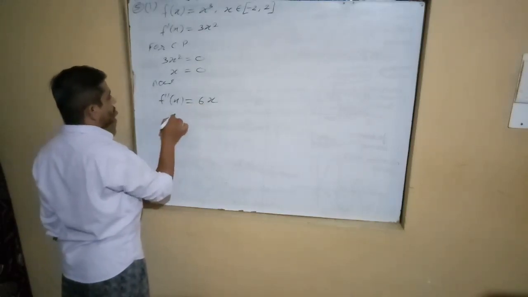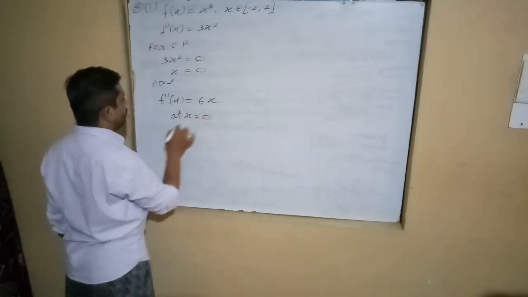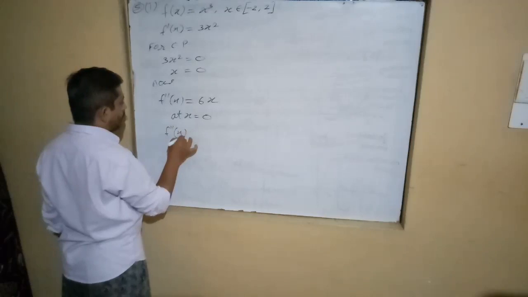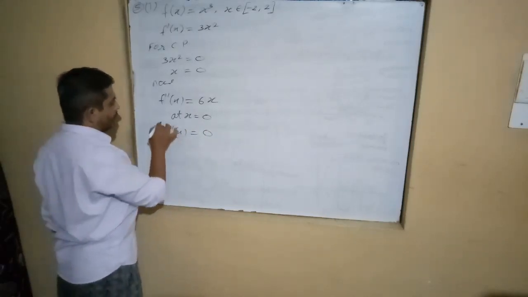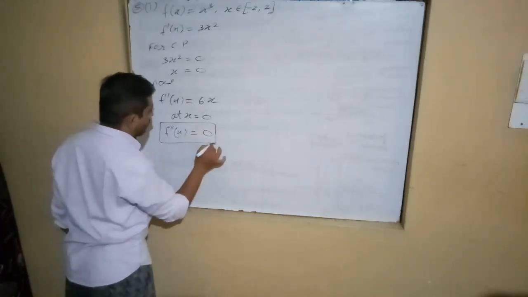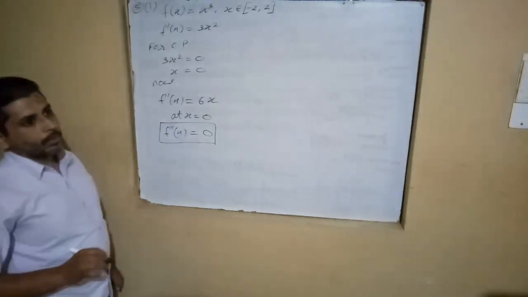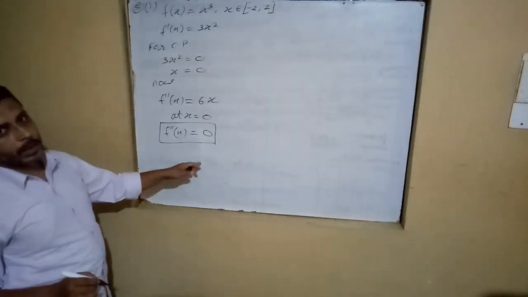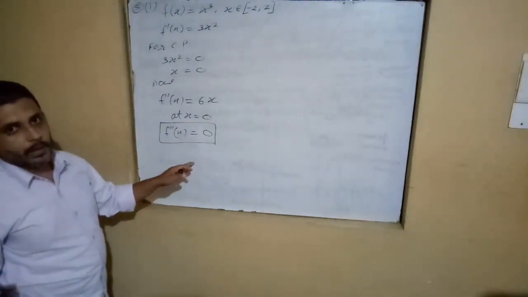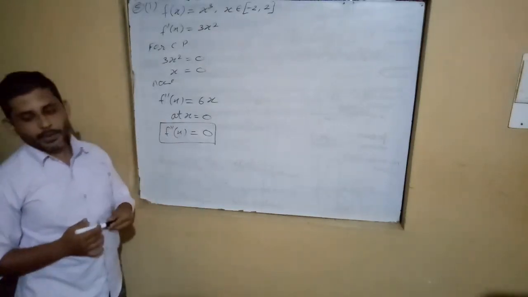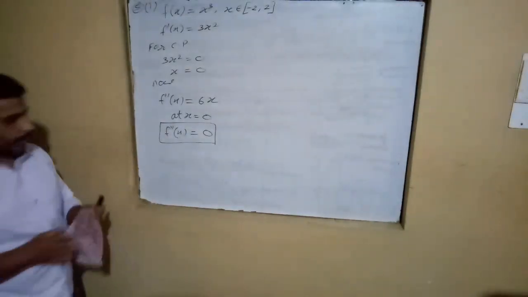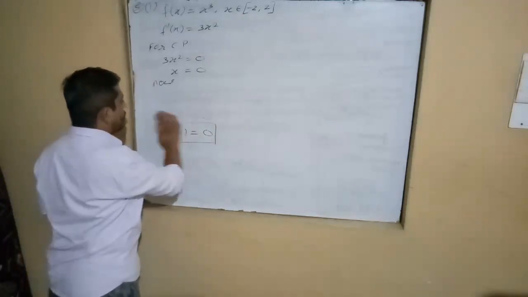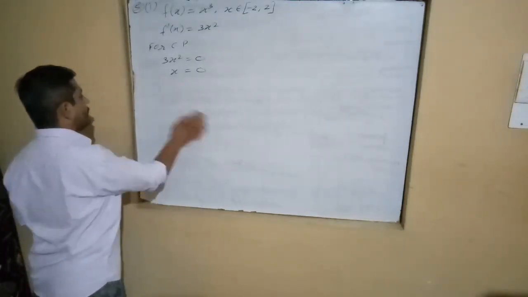When we put 0 at x is equal to 0, f double dash is equal to what? 0. And when f double dash x is 0, it means the second derivative test has failed. So we will apply the first derivative test.